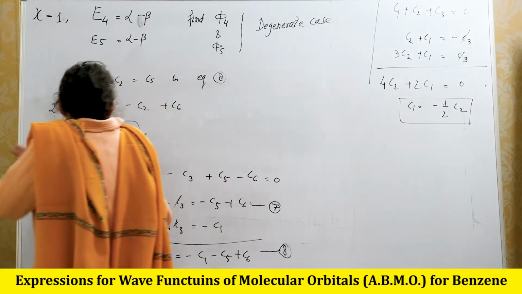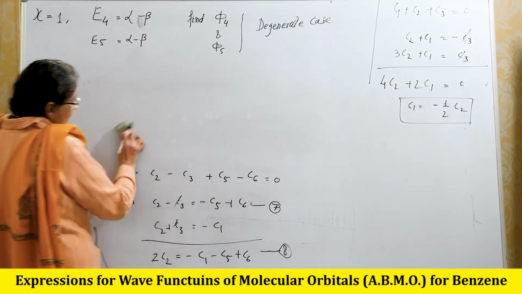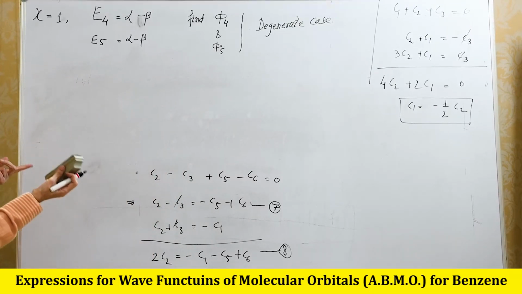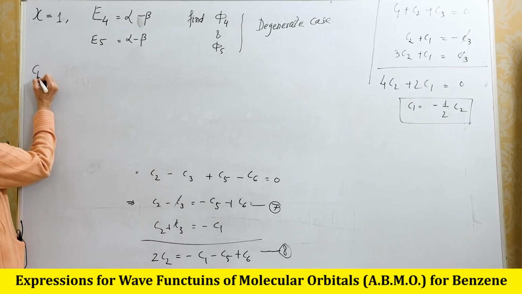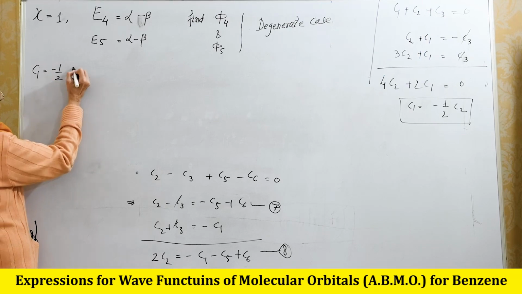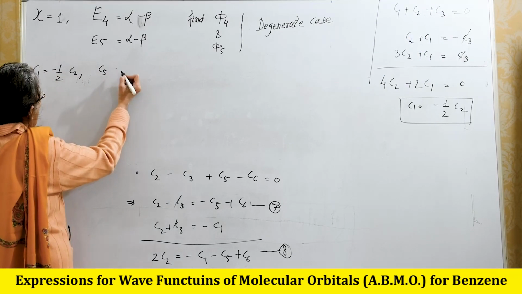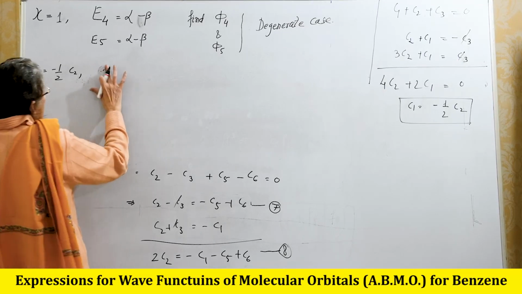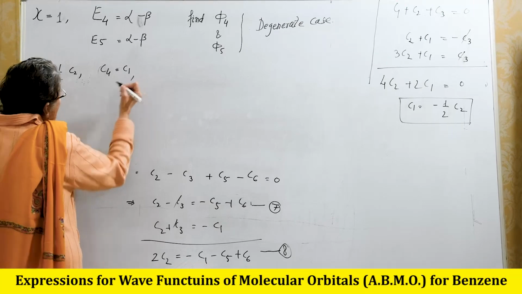Now all coefficients we will try to get in terms of C1. So we have already got C2 in terms of C1, minus half C1. C4 is already in terms of C1.